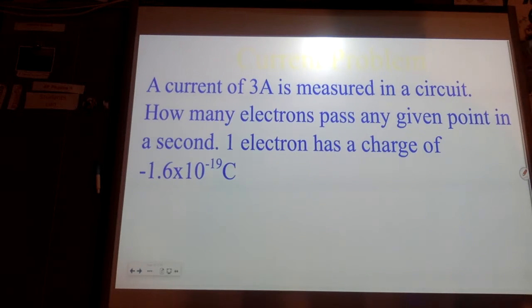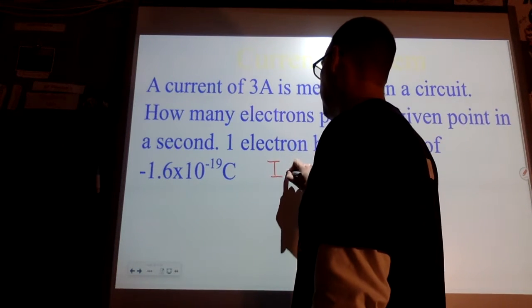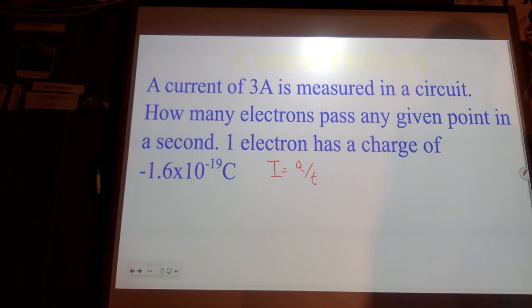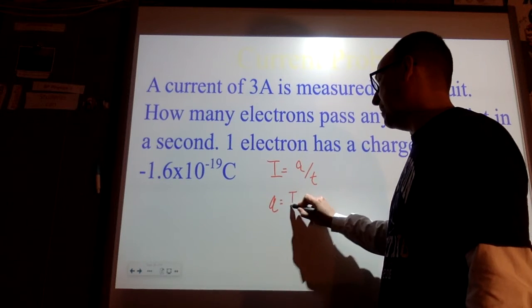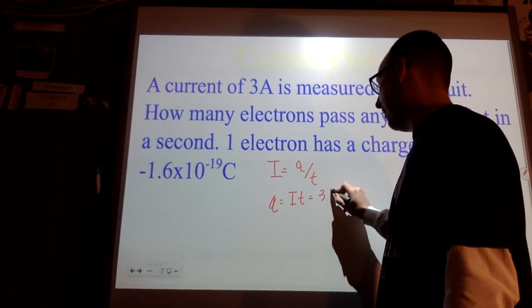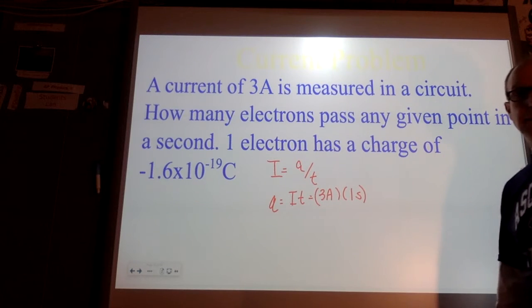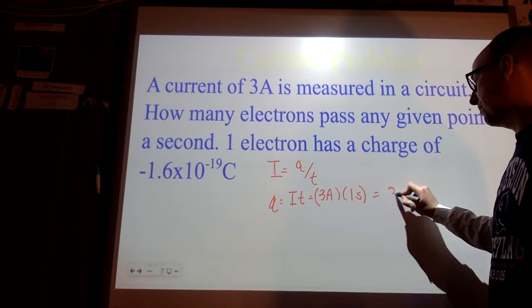All right, so a current of 3 amperes is measured in a circuit. How many electrons pass any given point in a second? So this formula, which is known as the definition of current, can be manipulated so that you have current times time. So I have 3 amperes times 1 second, which is going to be 3 coulombs.